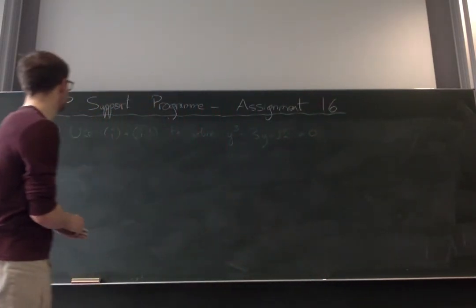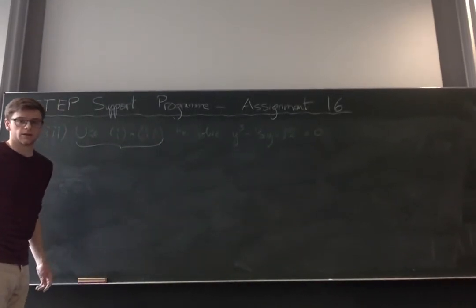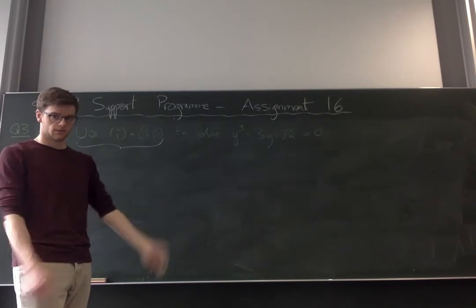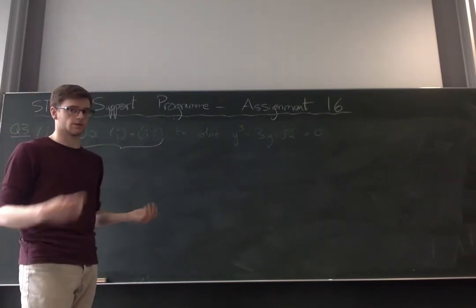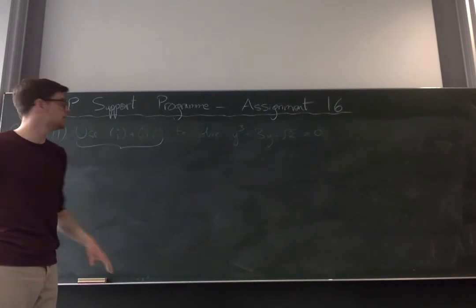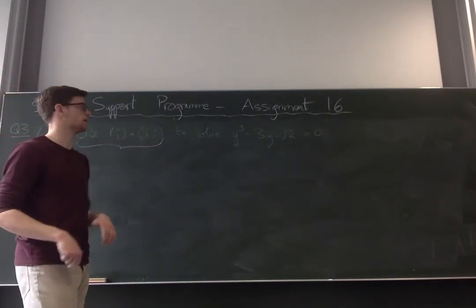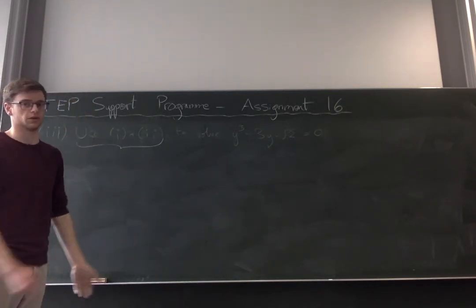Okay. Now, first things first. This phrase here, use parts 1 and 2, is very important. It's the same sort of rules as A level, but it happens quite a lot in STEP because the questions are quite long. If they say use this, or hence deduce, or something like this, you must use what they've told you to use.